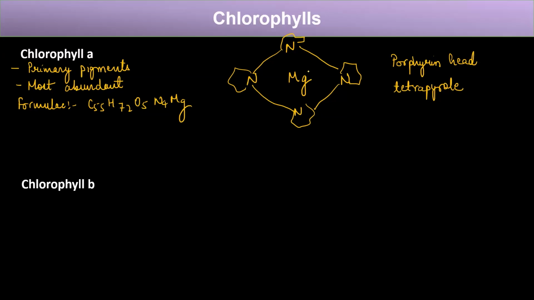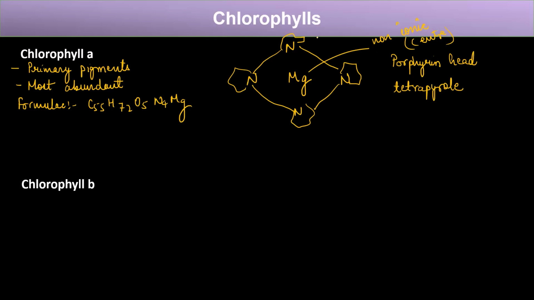And this magnesium is non-ionic. It will not be in the form of Mg2+, but in the form of Mg. So we have magnesium in the center, surrounded by 4 pyrrole rings, and because of this it is known as tetrapyrrole. Together this constitutes the porphyrin head.